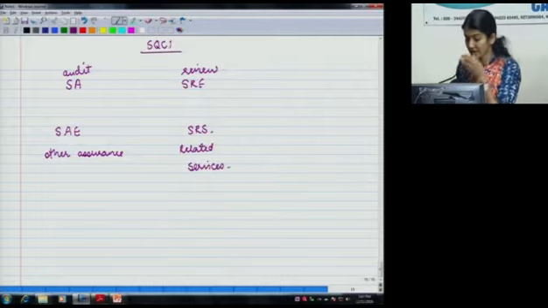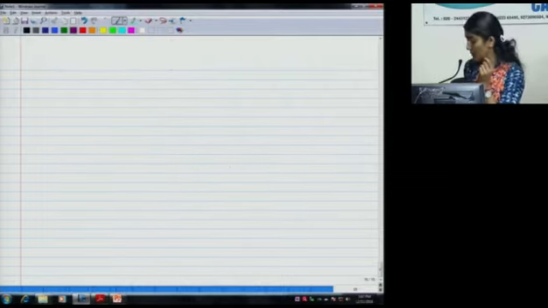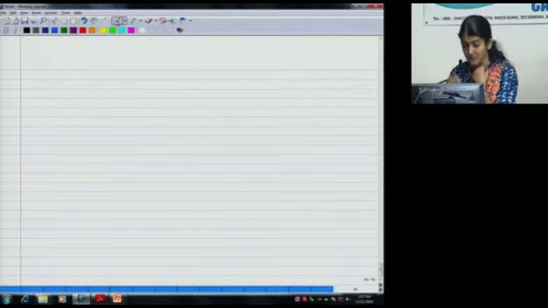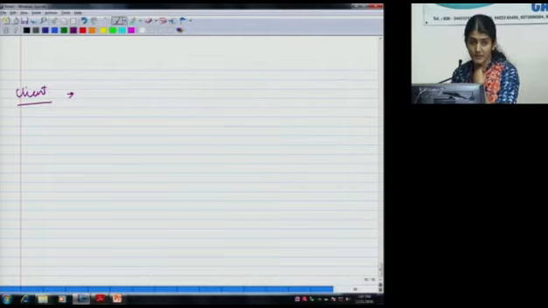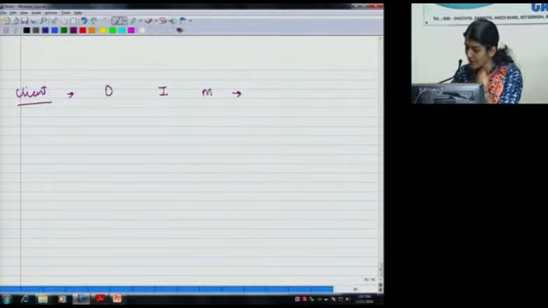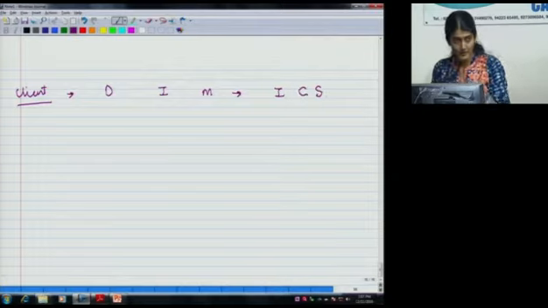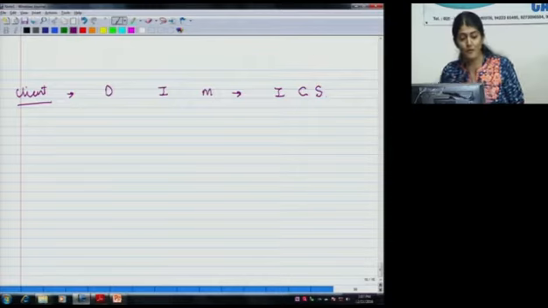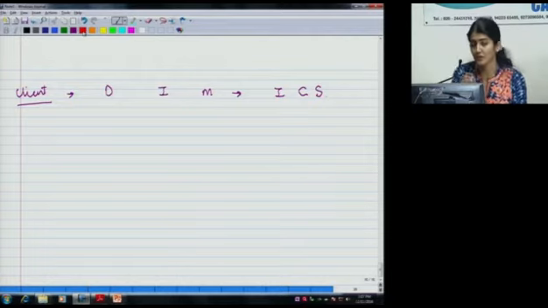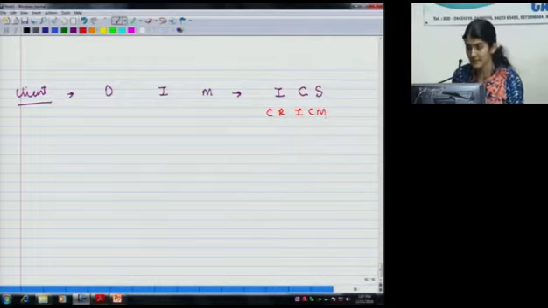Now at the client place where we go for an audit, at Geo Limited, what we check for is the design, implementation and maintenance of an internal control system. And what are the 5 components of the internal control system?